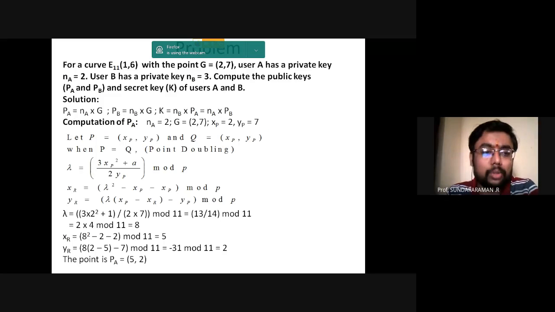3G is equal to 2G plus G. 2G has been already computed, so I am just taking the value computed, but at the user B level, he has to first compute 2 into G, after that G. So 1 point doubling operation and 1 point addition operation. At the user A level, he will be performing only 1 point doubling, because the NA value is equal to 2.